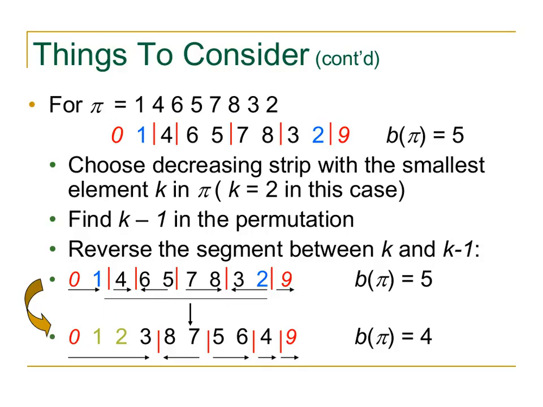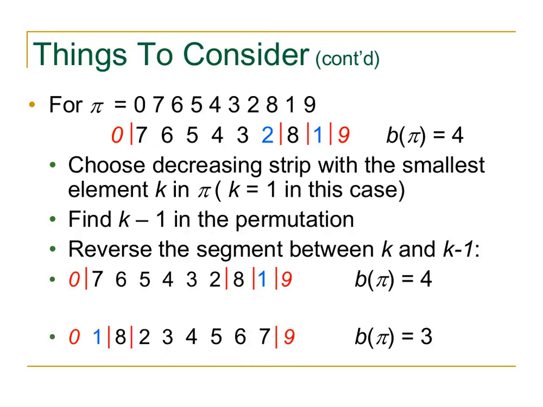Then we reverse the entire segment between these two values, the block 4, 6, 5, 7, 8, 3, 2, which flips around to become 2, 3, 8, 7, 5, 6, 4. After reinserting this reversed segment, our new sequence reads 0, 1, 2, 3, 8, 7, 5, 6, 4, 9. That single reversal drops the breakpoint count from 5 down to 4. Clear progress toward a fully sorted order.